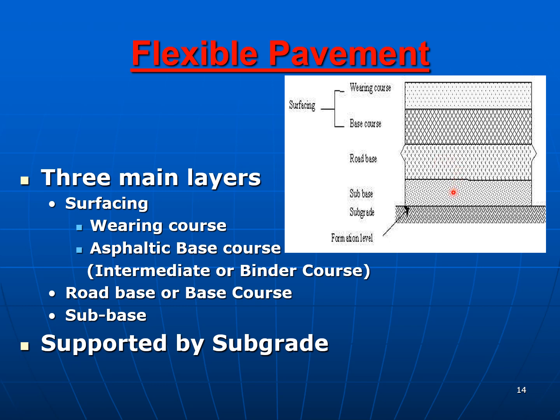Then we have the sub base, and all this is known as the pavement structure, and it is supported by subgrade. So it is written over here that the pavement structure is supported by subgrade.